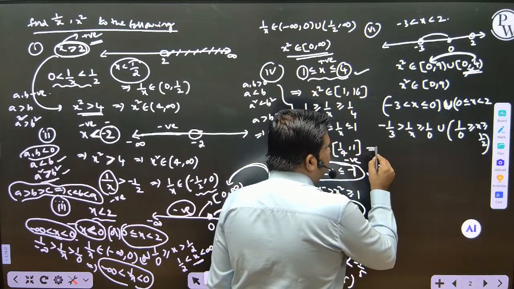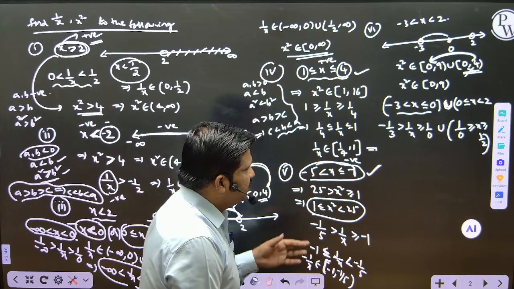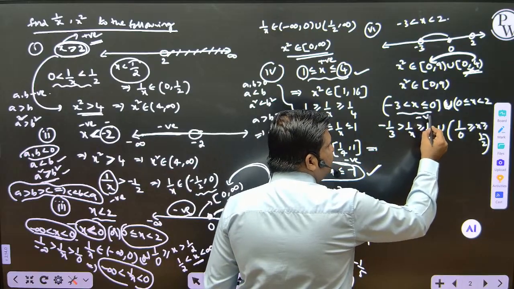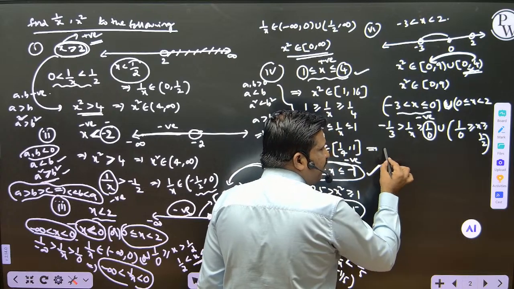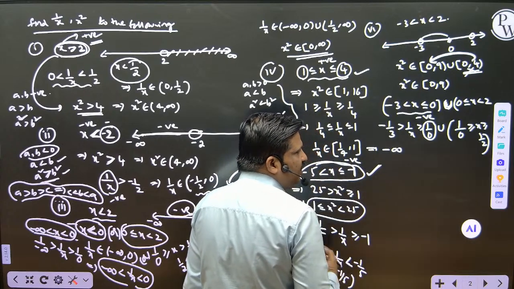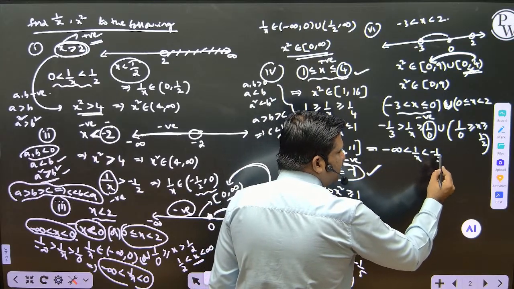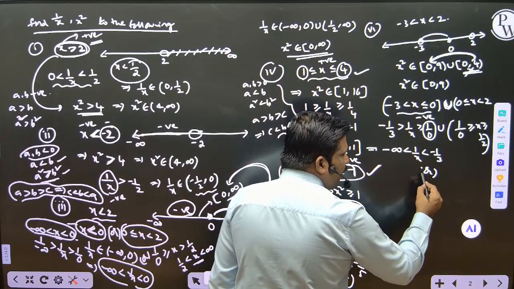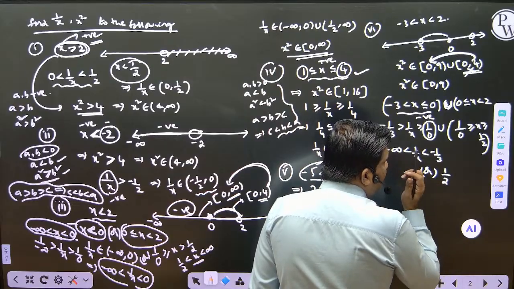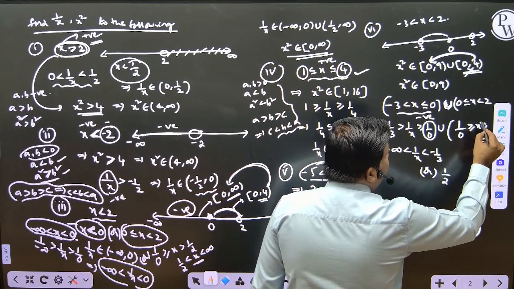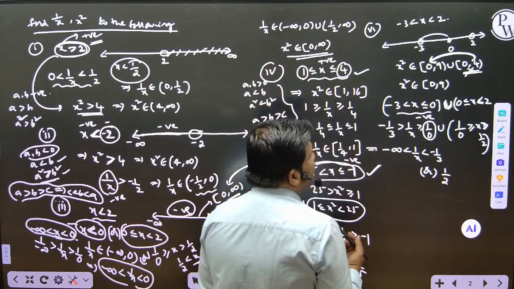Now you write it here. Because these values are negative values, this 1 by 0 became minus infinity. Minus infinity less than 1 by x less than minus 1 by 3, or take the reverse, 1 by 2. Here also we should not consider 2, because 2 is open here.